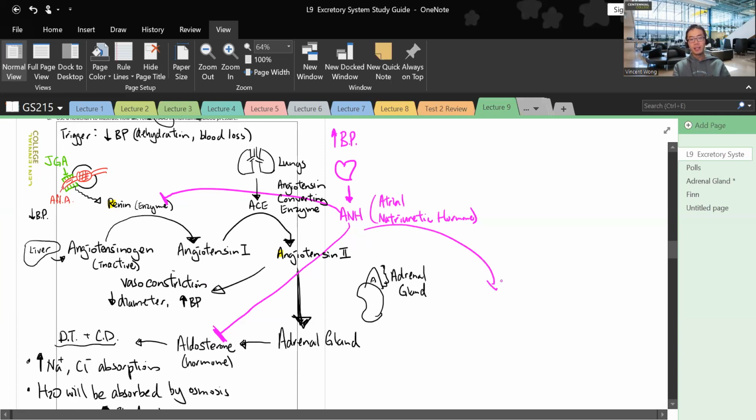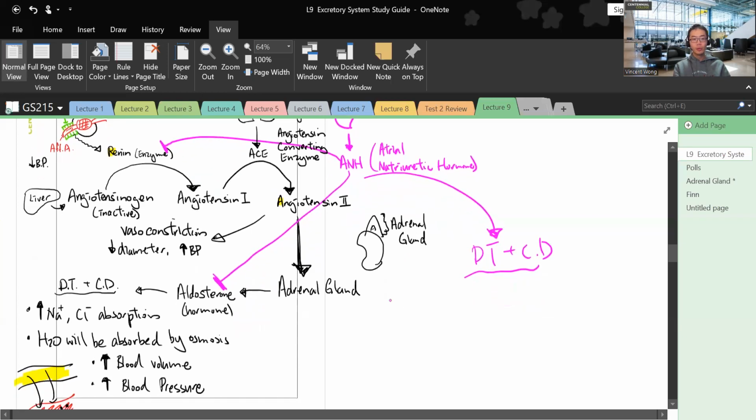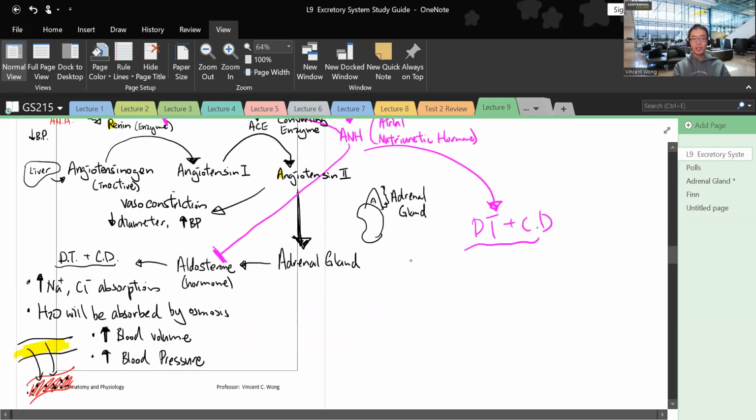And finally, the ANH will also go to the distal tubule and the collecting duct. And basically, it will do the opposite of this. So now we have high blood pressure. I don't want the sodium to be in my blood.